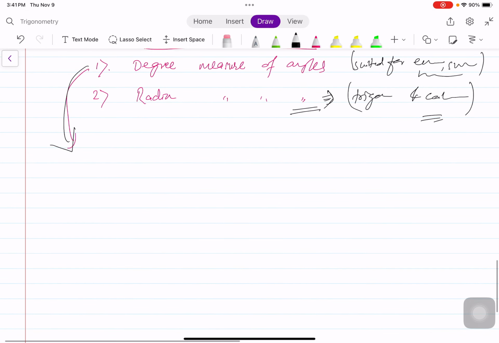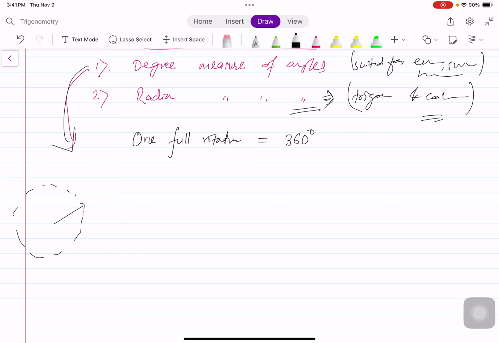So let's go through the degree measure of angles first. In degree measure, one full rotation of a ray about its endpoint, say you have one ray here and you rotate it one full rotation, makes an angle of 360 degrees.